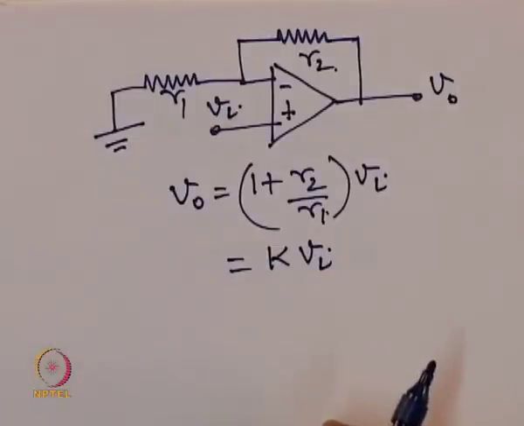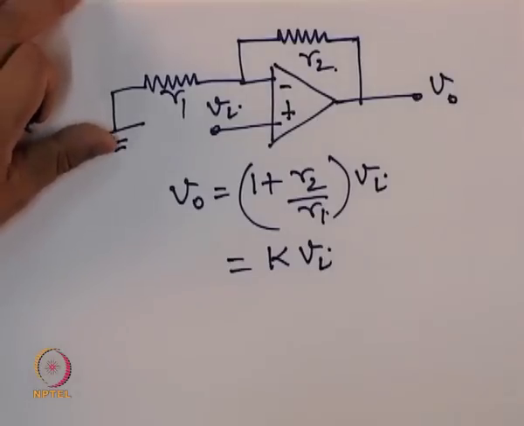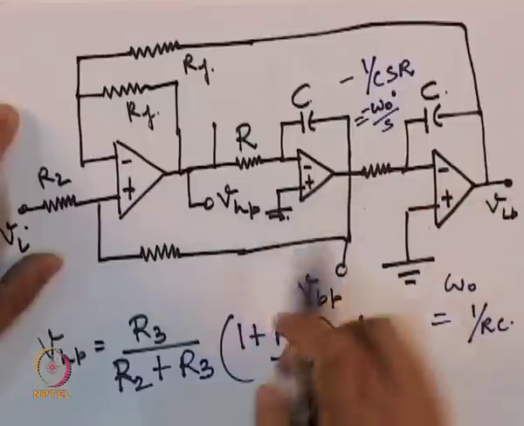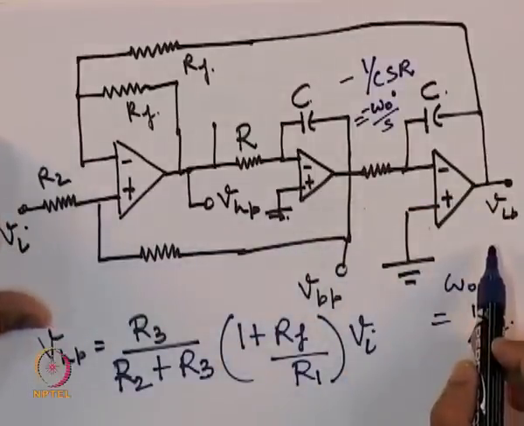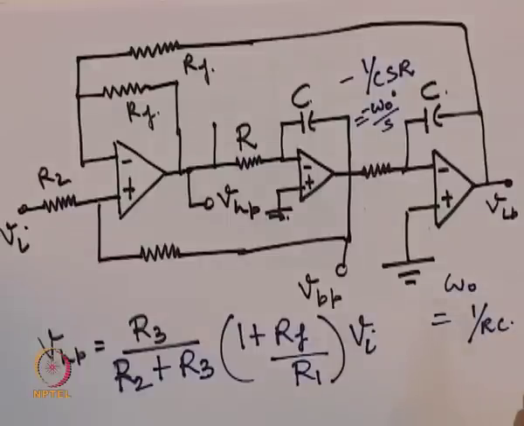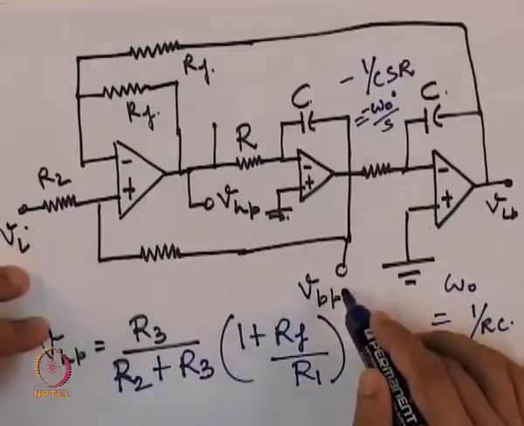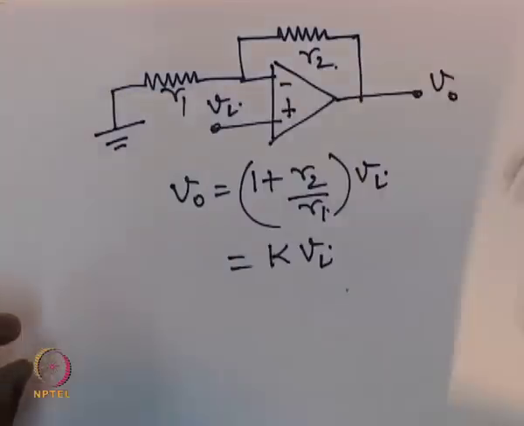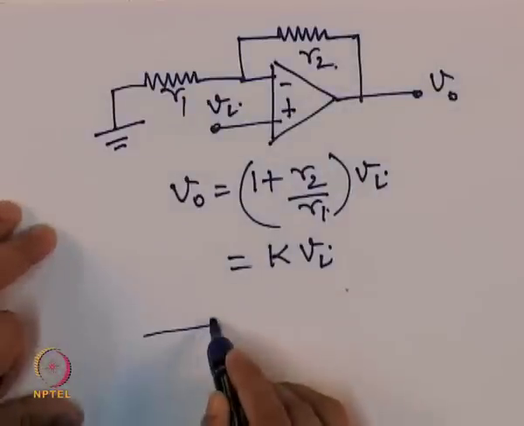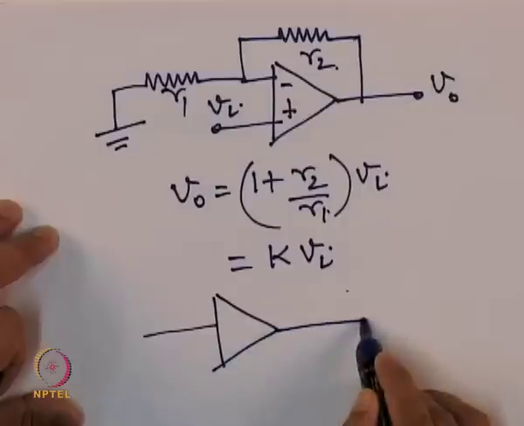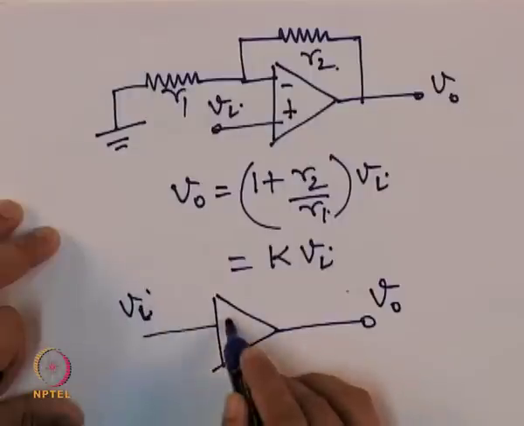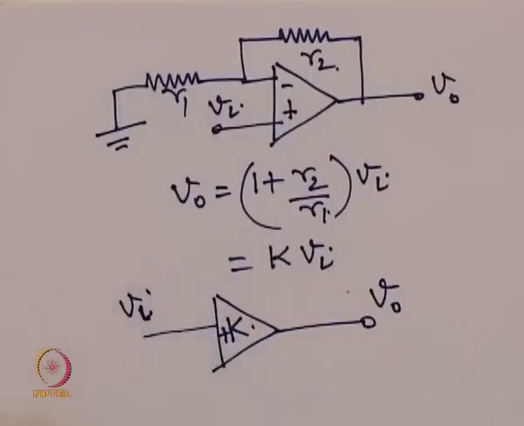So, for example, when we take the outputs VHP, VBP and VLP of this filter and want to scale them to the appropriate gain values, we simply connect them to a buffer amplifier whose gain is controlled using this equation.